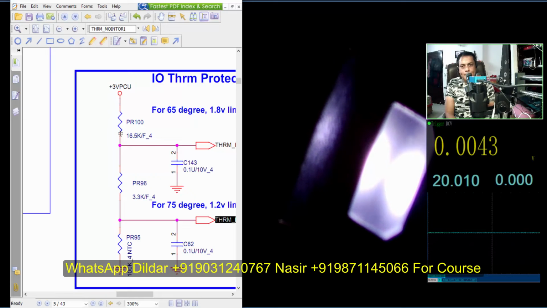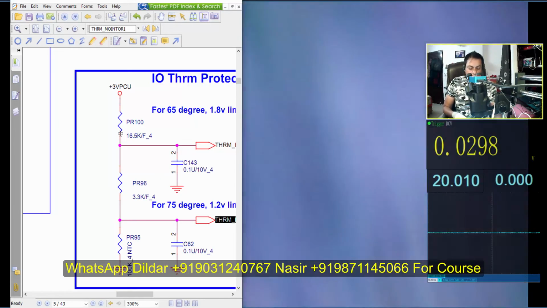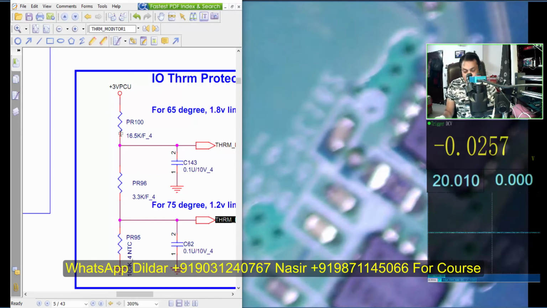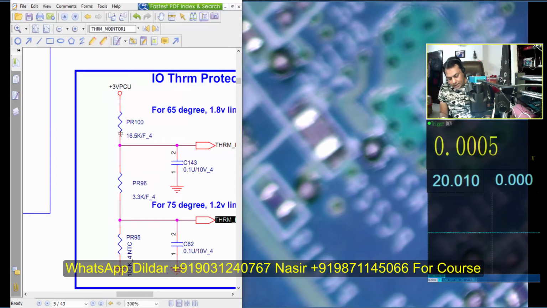Okay, so sometimes EC reset has a glitch, usually in HP motherboards, and could cause the DC jack light to go on and off. Now it's turned on.